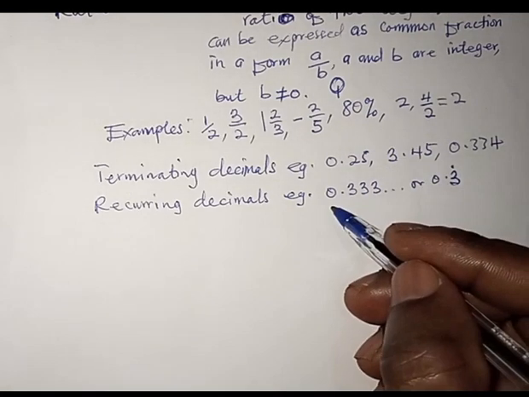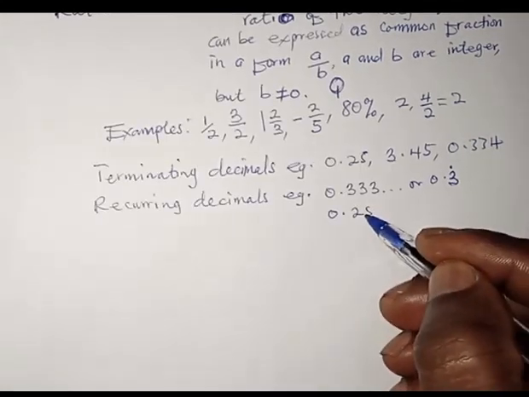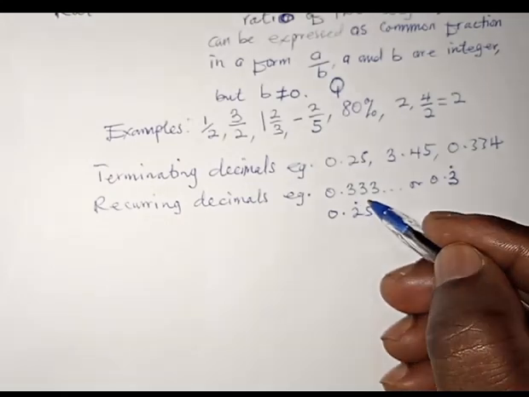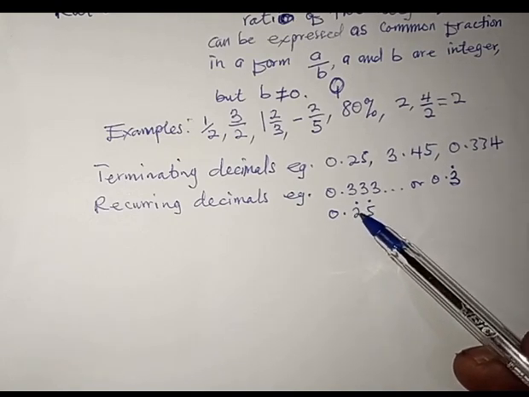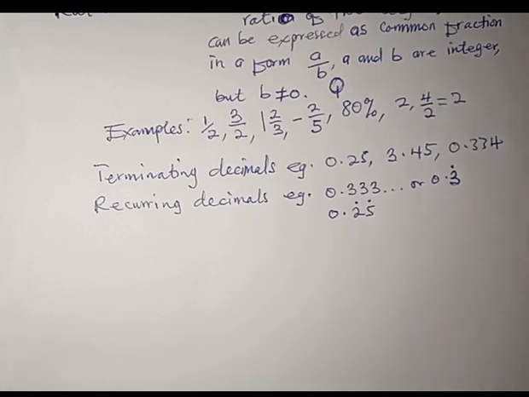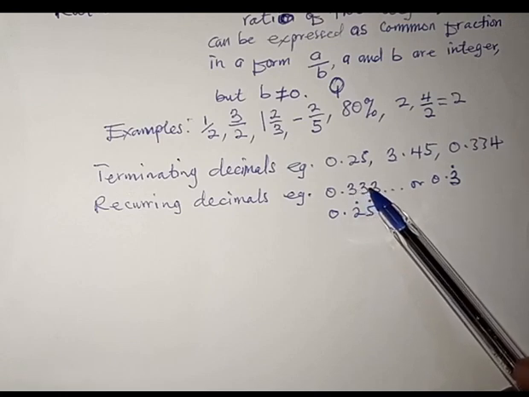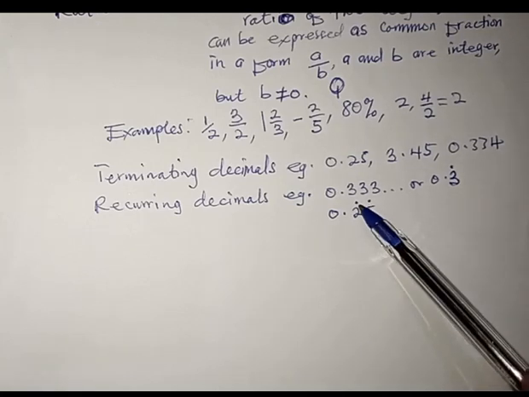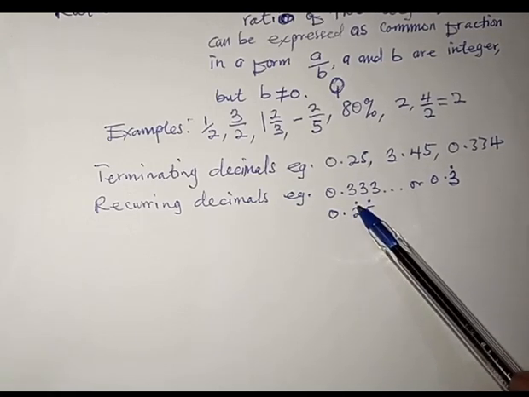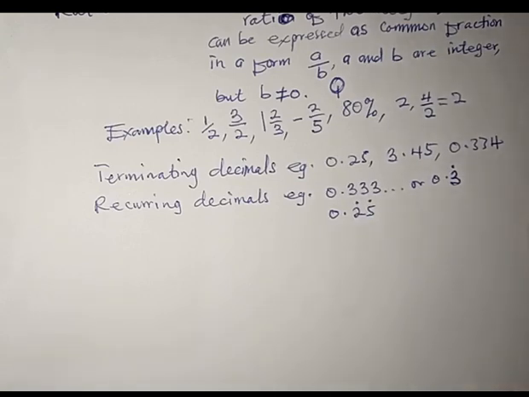Let me add another example. If I write 0.25 and put a dot on the 2 and the 5, what does it mean? It means that both the 2 and the 5 keep on repeating.